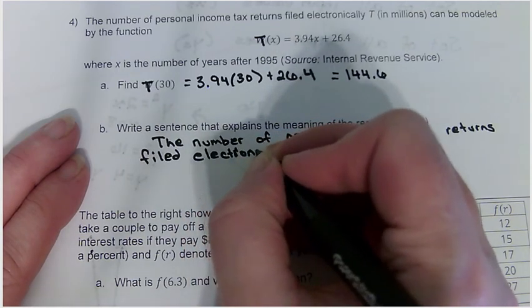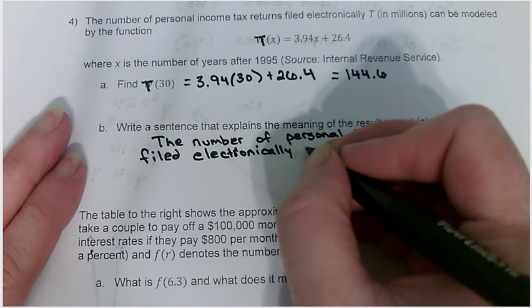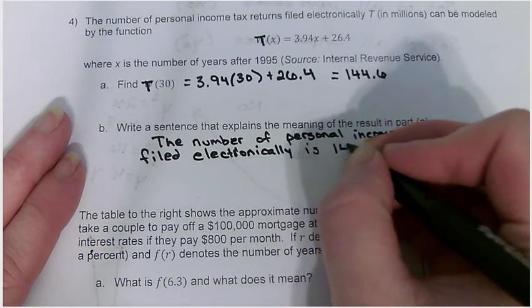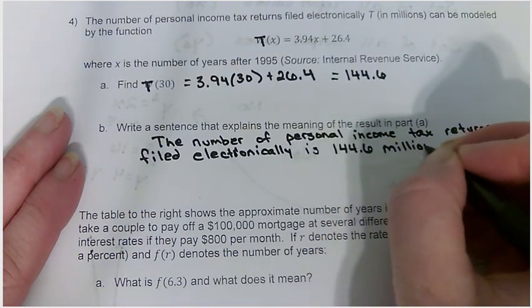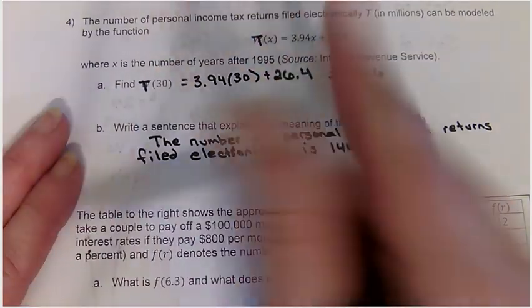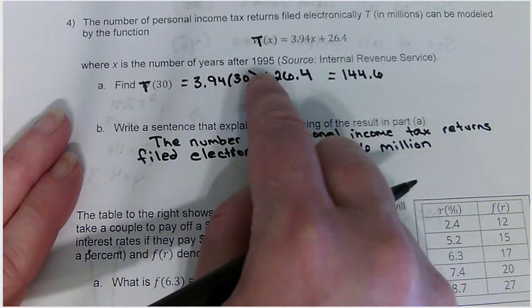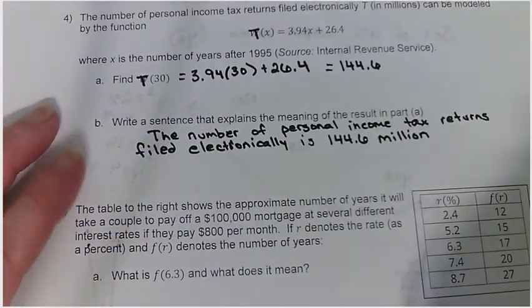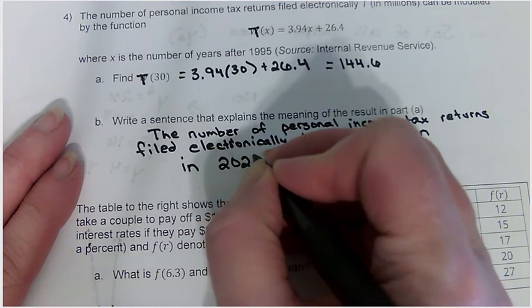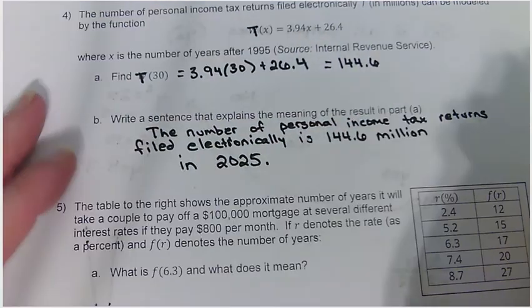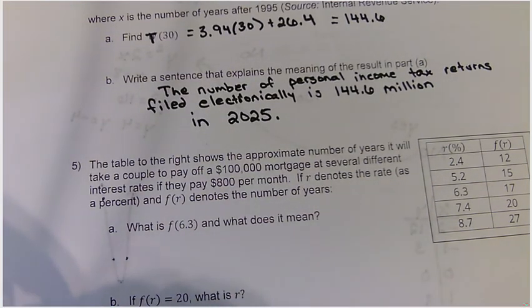I cannot spell electronically. Is 144.6 million when X is 30. But what does that mean? Well, X is the number of years after 1995. So if I add 30 to that, I get the year 2025. So we're making a prediction using that function.